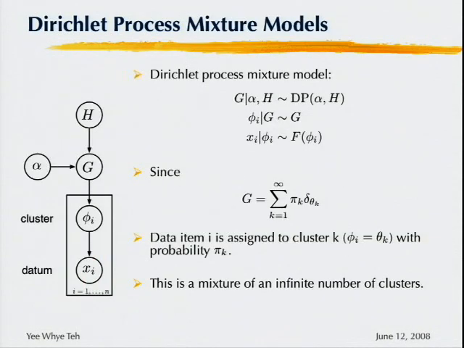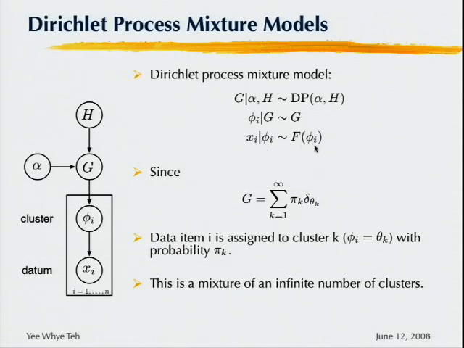So how do we use this in a mixture model? If you have your G, which is drawn from a Dirichlet process, we know that it itself is a distribution, so we can draw samples from it. So let's draw a bunch of samples, phi i, from G. Then for every data point x i, we say that x i is drawn from some distribution which is parameterized by phi i.